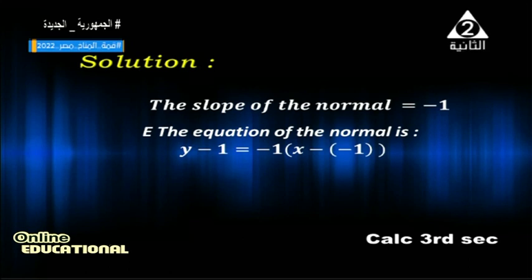Then y minus 1 equals negative 1 times (x minus -1), so y minus 1 equals negative x minus 1. Then y equals negative x, which is the equation of the normal at this point.